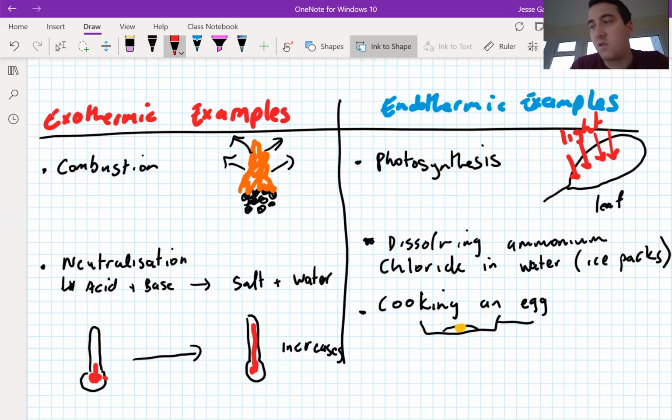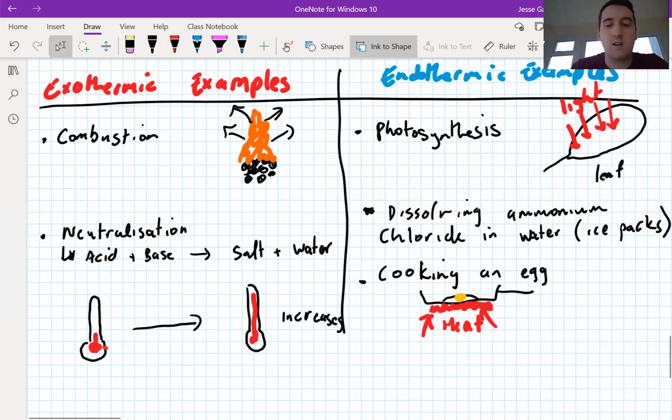And for the egg to cook, energy is taken in. Okay, so energy is taken in to the egg from the surroundings. So that is another example of an endothermic reaction. If we were to look at the thermometer here, say the temperature of the surroundings in the beginning would be quite high.